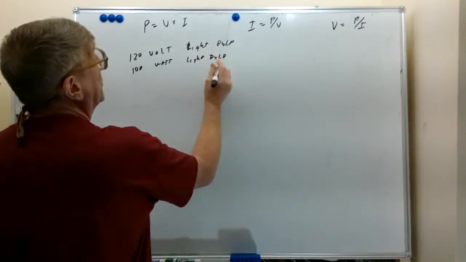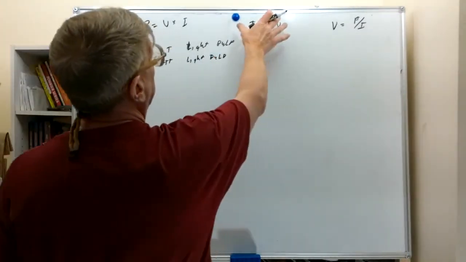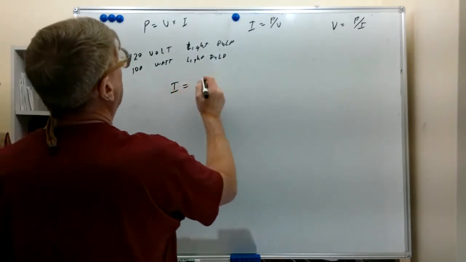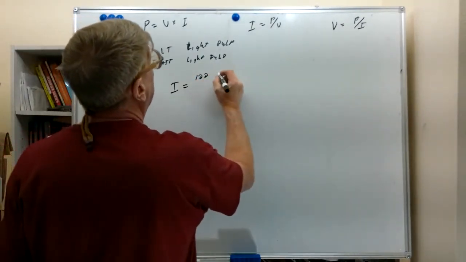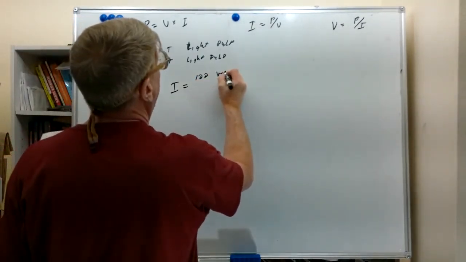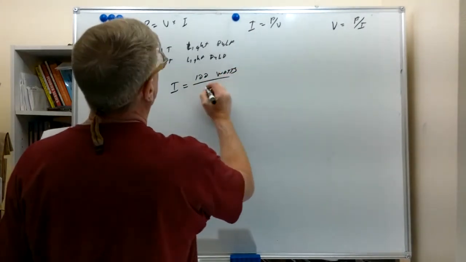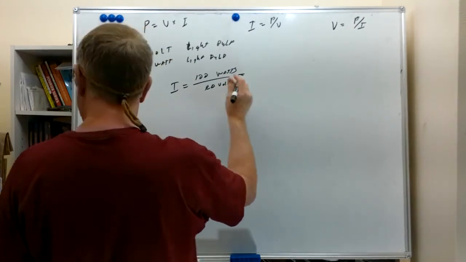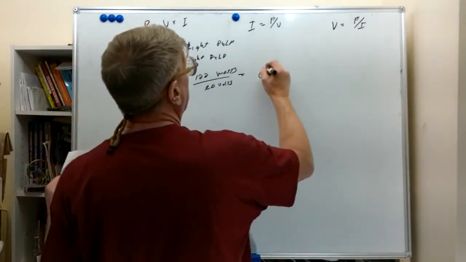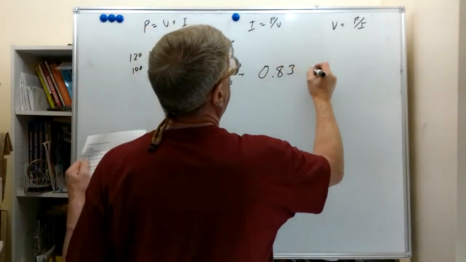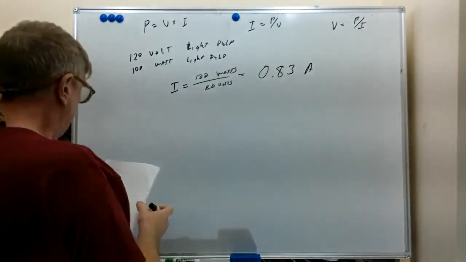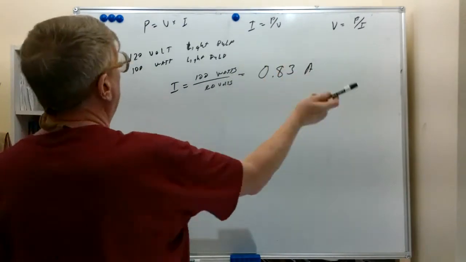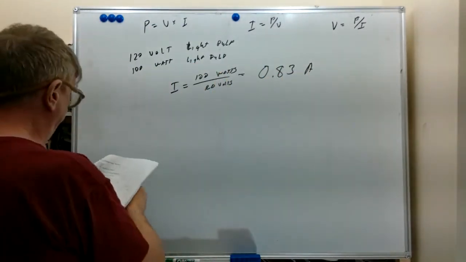Well, we want to solve for current. So we'll choose this one. I equals power divided by volts. So I would equal power, which was 100 watts, divided by 120 volts. And when we did the arithmetic, we'd have about 0.83 amps. So what we're showing here, if we know the power and we know the voltage, we can solve for the amperage.